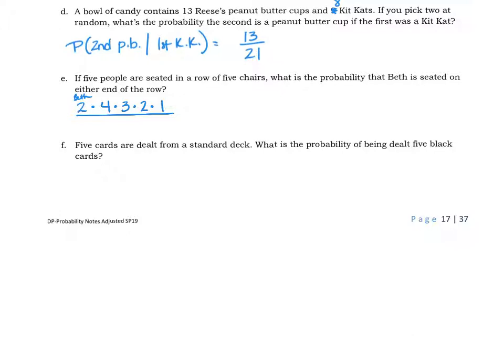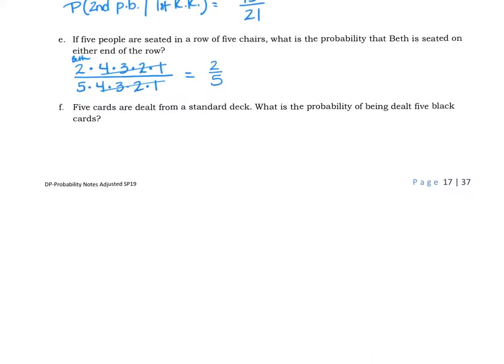Doesn't matter where they sit. I just need to sit 5 in a row. And so that is going to be the first person has 5 choices. The next person has 4, 3, 2, 1, or 5 factorial if you would prefer to write the denominator that way. Notice real quick that the 4, 3, 2, 1 cancel top and bottom. So that's just a good old 2/5.